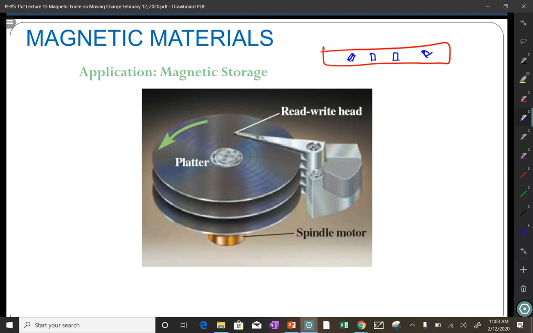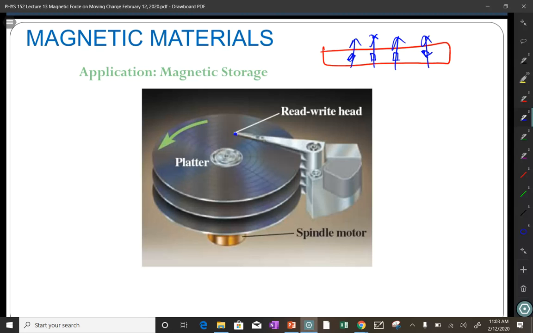And then to write either on your cassette tape or on your hard drive, you pass something over, see that thing that says read write head, and it creates a magnetic field that makes them either align like this or the other way. And so that's how it's writing ones and zeros.